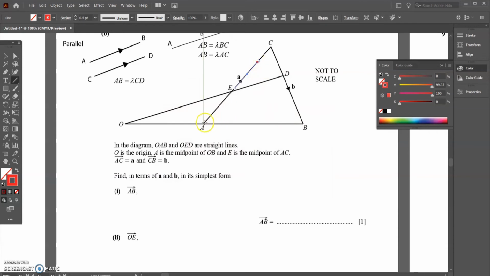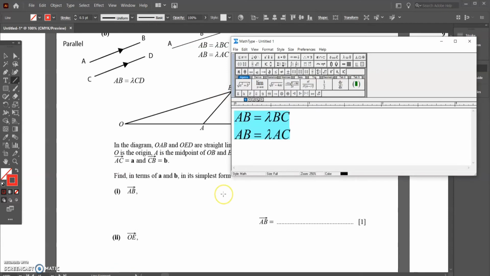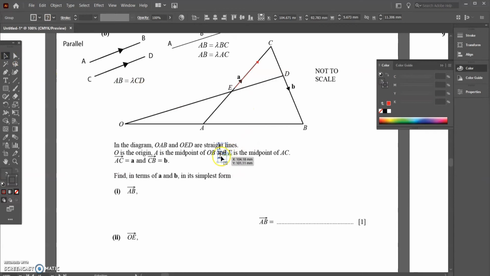Why? Because A to C is a, but E is the midpoint. So here will be half a. Same thing goes for this part here. This is also half a, because that's the midpoint. AE also gives me half a.